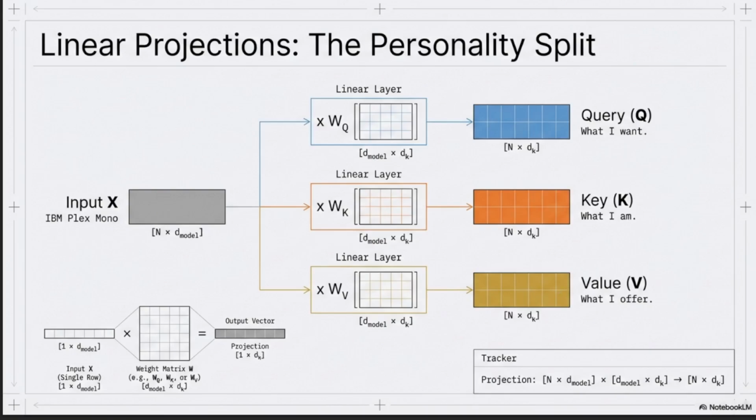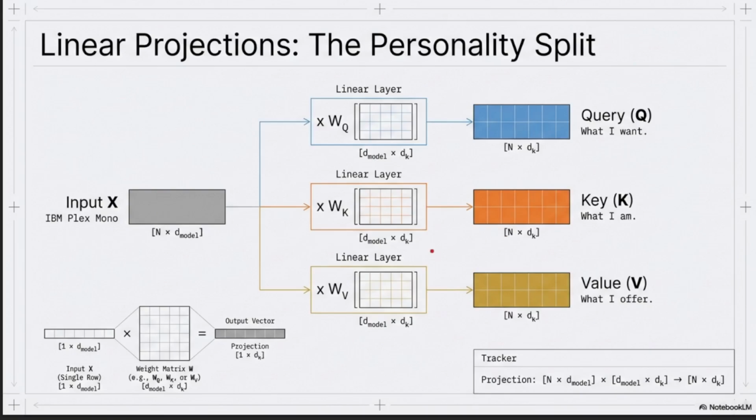So now we reach the core math: creating the queries, keys, and values. We do not use X directly. We train 3 linear layers, which are just weight matrices, WQ, WK, and WV, and we perform matrix multiplication. So Q is X multiplied by WQ, K is X multiplied by WK, and V is X multiplied by WV.